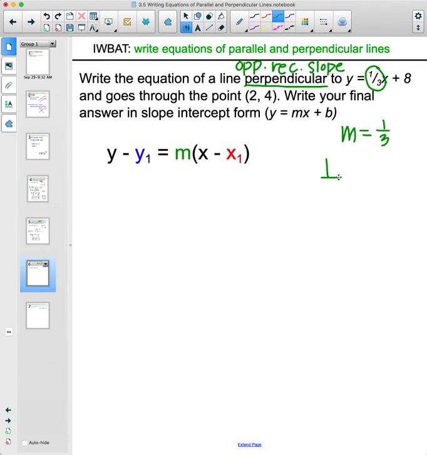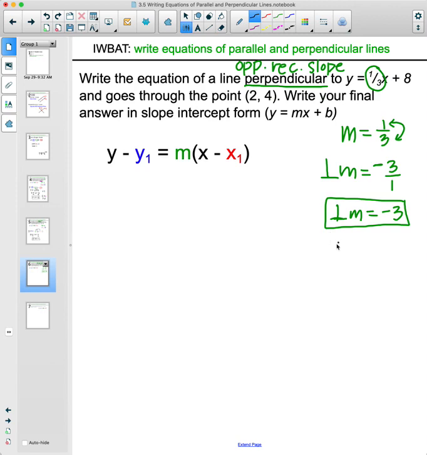We want to do a perpendicular slope. So the original is positive, so the perpendicular has to be negative because they need to be opposites. And then you also need to flip the fraction. So we'll flip it to 3/1, which just simplifies to negative 3. So the perpendicular slope that we're going to use is negative 3.